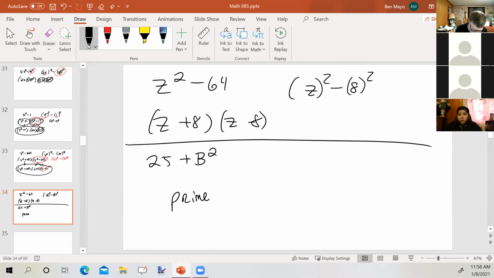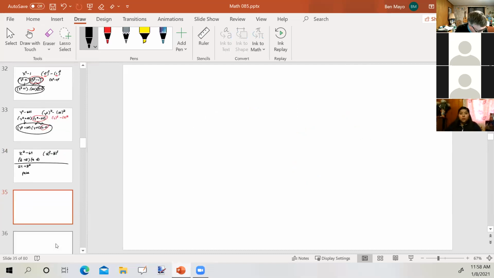Okay, let's see. 5a to the fourth power minus 80b to the fourth power. Well, this is a binomial and it's a difference, but I think there's a greatest common factor we can take out first, because otherwise it's not going to be a difference of two squares, because 5 isn't a square and 80 isn't a square.